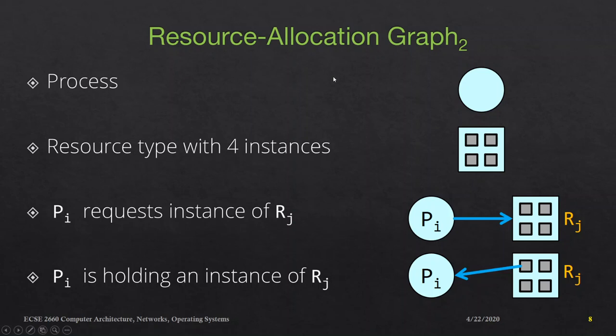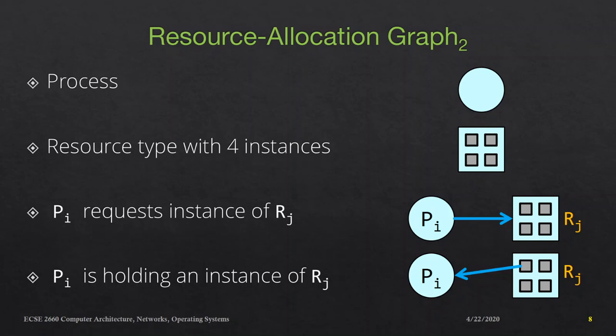So in order to make things clear and easily understood, we will take a look at how we are indicating a process, how we are indicating a resource, a request edge and an assignment edge. So a process is indicated in the resource allocation graph by simply using a circle. This is going to be a vertex, a process vertex. The resource type with 4 instances, for example, is indicated by a box.